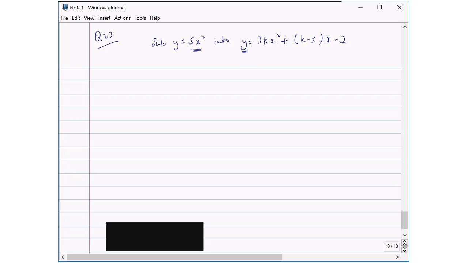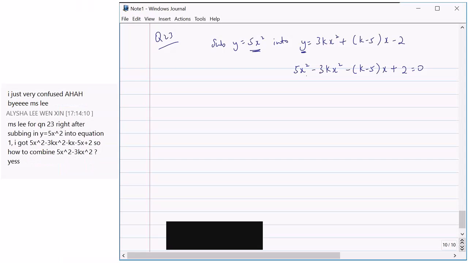So you have 5x squared. At the same time, I bring all the terms over. Okay, I skip one step, I bring everything over. Okay, up to here? I know these two are not quite the same, so never mind, take out x squared as common factor. You leave behind 5 minus 3k.